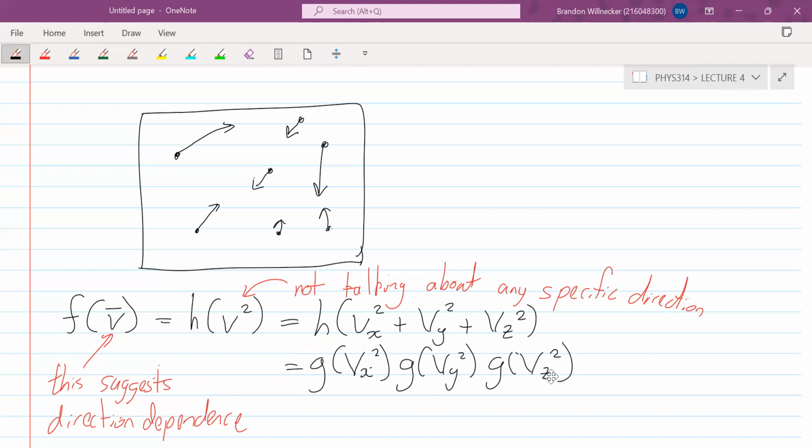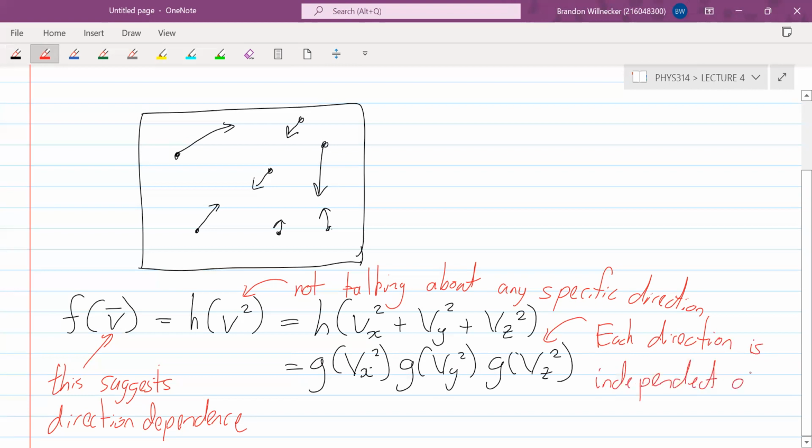Again, we're not talking about any specific direction, and vx, vy, vz are taken to be independent. Each direction is independent of the others. So we have that our distribution breaks up into a product of 3 functions like this.